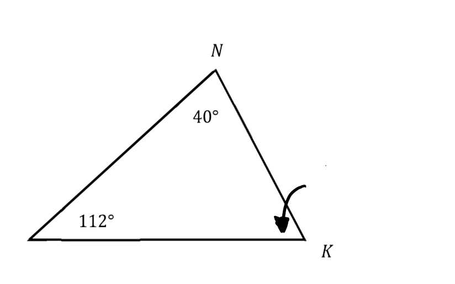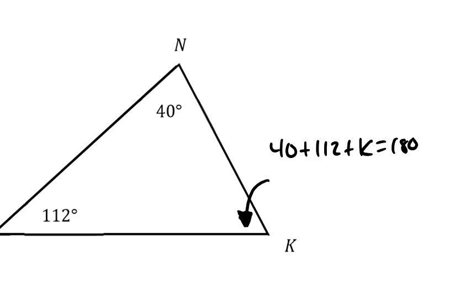So in order to get this, I understand that these three angles have a sum of 180, so 40 plus 112 plus some angle k that I don't know is 180. So all I'm doing is taking 180 and subtracting 40 and subtracting 112. And when I do that, I get that this angle K is 28 degrees.